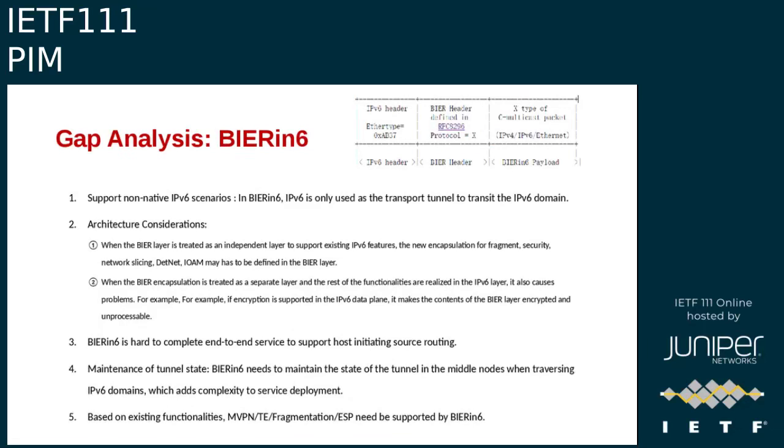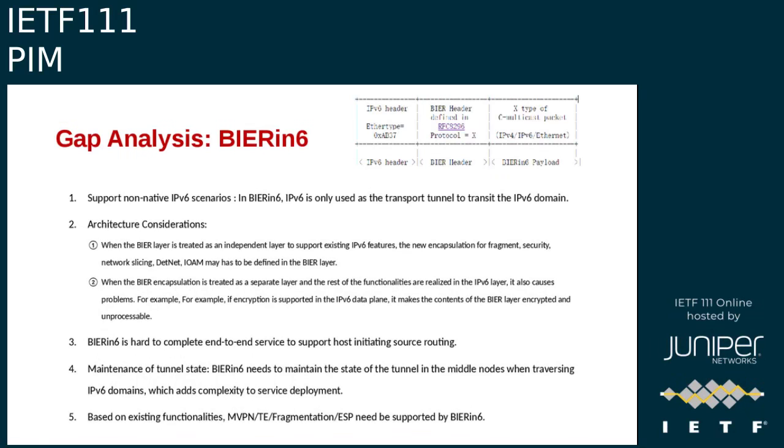Okay, so these are the possible solutions. This is BIER in IPv6, which keeps BIER as an independent layer. That is the possible existing solution. So this is the gap analysis as follows. First, it is not designed for native IPv6, that means it can also support non-native IPv6 scenarios. Second, it is for IPv6 source routing, so there are some architecture concerns.